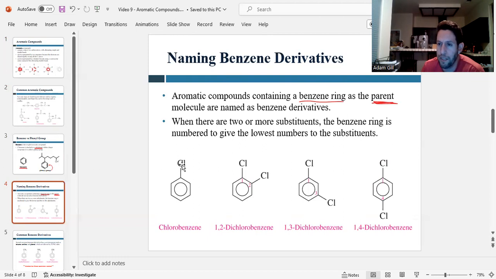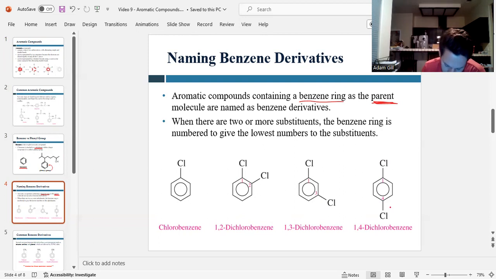If you have a chlorine attached to benzene, this would be chlorobenzene. You don't need a number because there's only one thing attached to the ring. If you have two chlorines on the ring, it would be dichlorobenzene. But those chlorines could be attached right next to each other. They could be slightly apart, or they could be on opposite sides of the ring. And so now we have to specify where they occur.